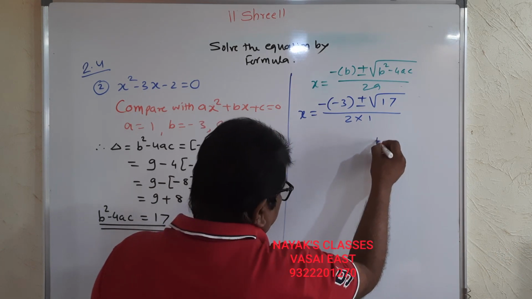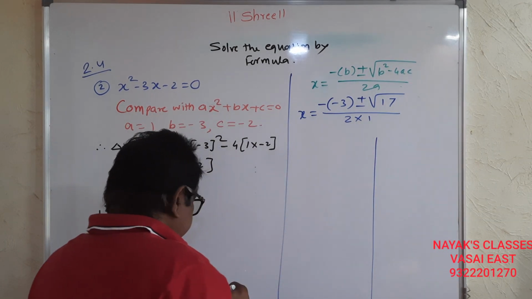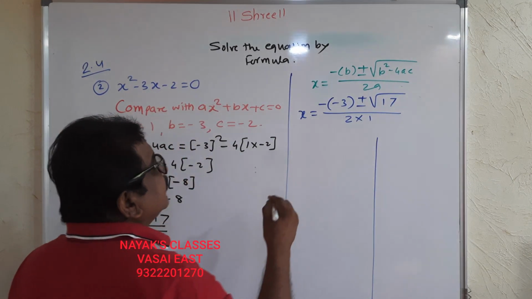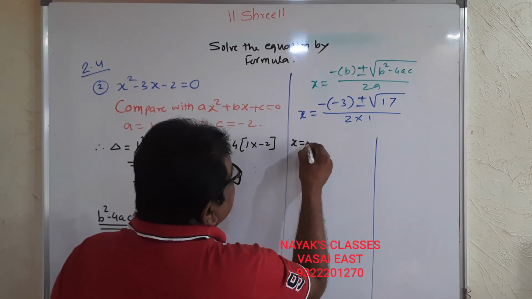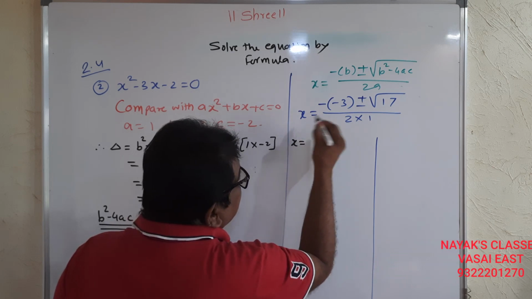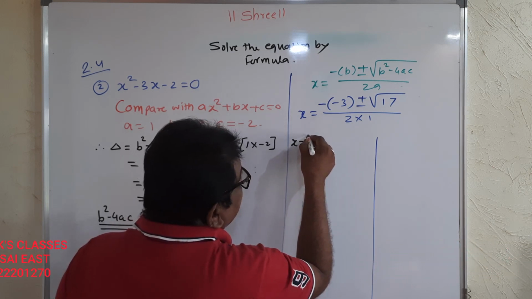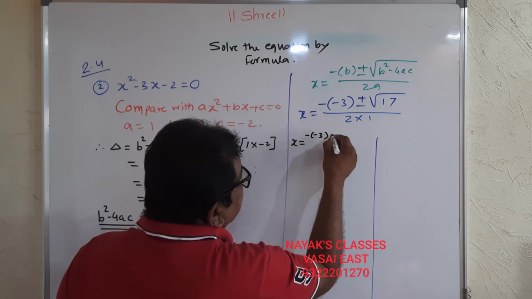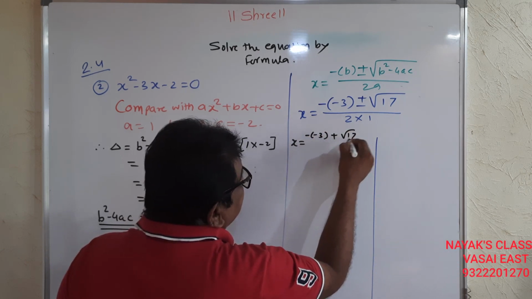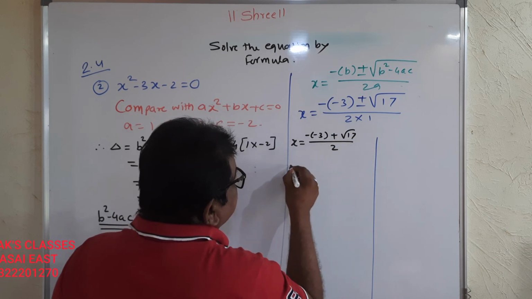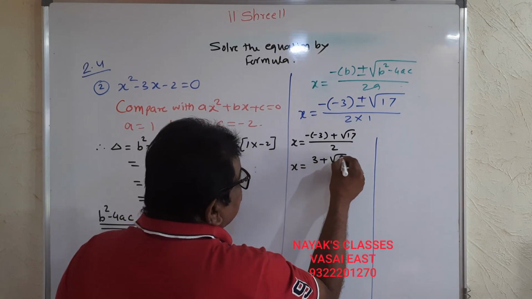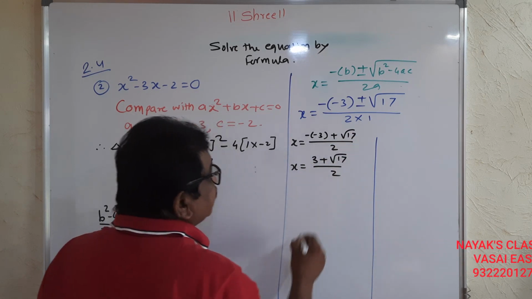So first, using the plus formula, x is equal to minus of minus 3 plus under root 17 upon 2. So x is equal to 3 plus root 17 upon 2.